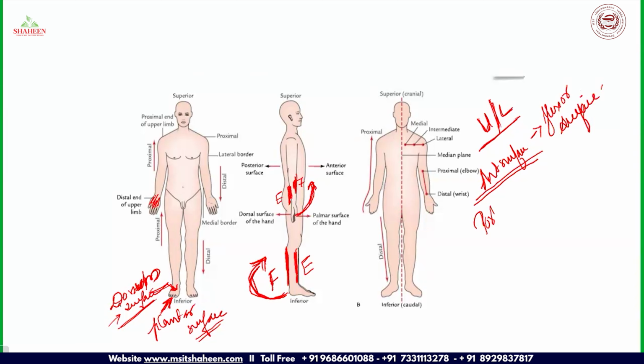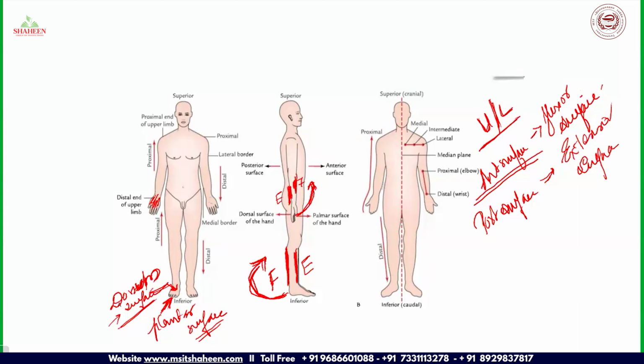Next, the posterior surface of your upper limb is the extensor surface. All the extensor muscles, which help to extend your limb, are concentrated at the posterior surface of your upper limb.